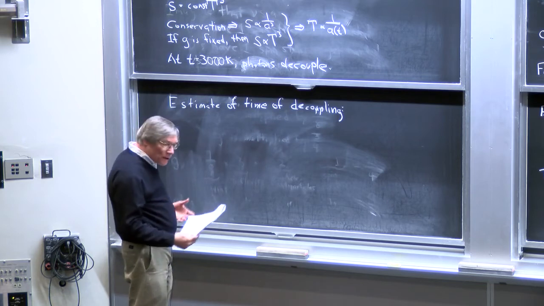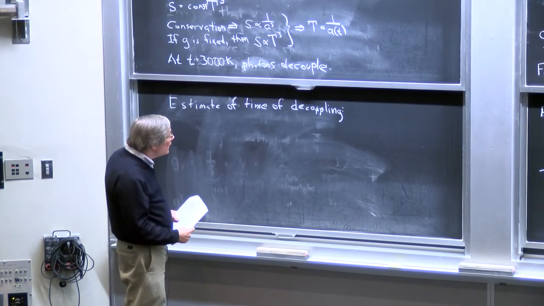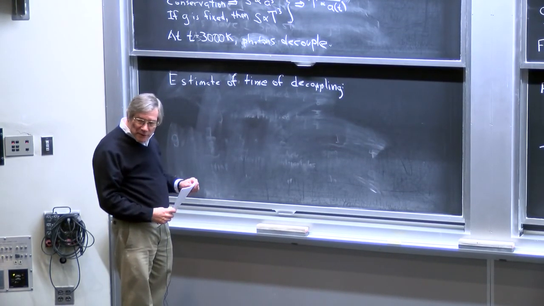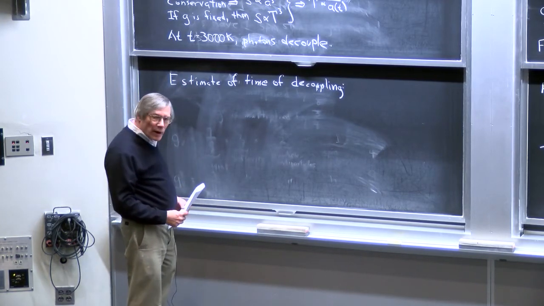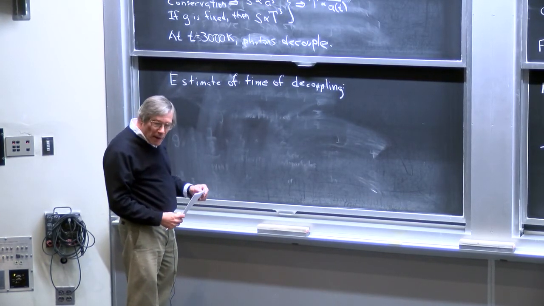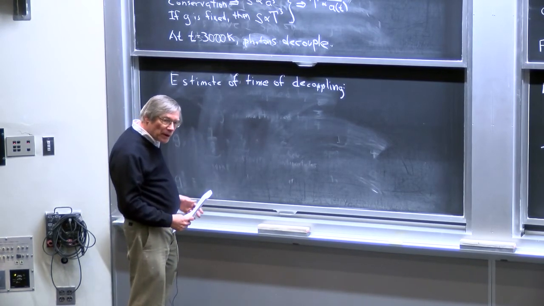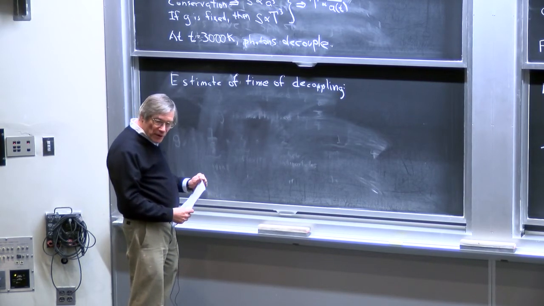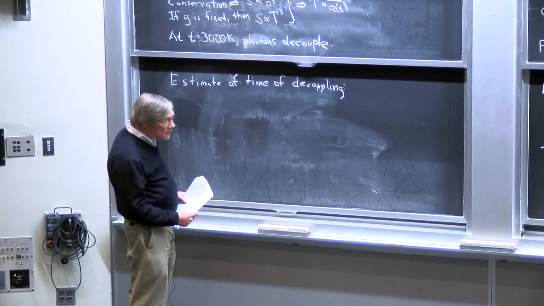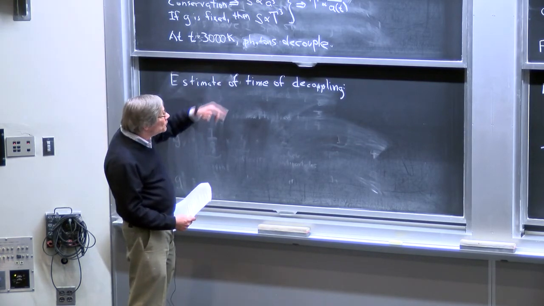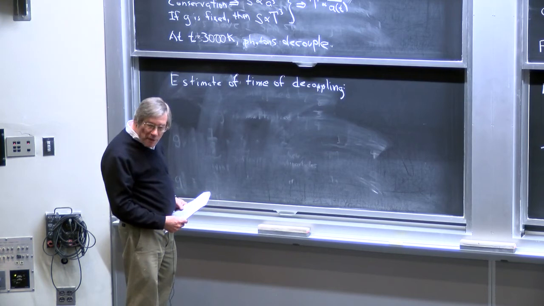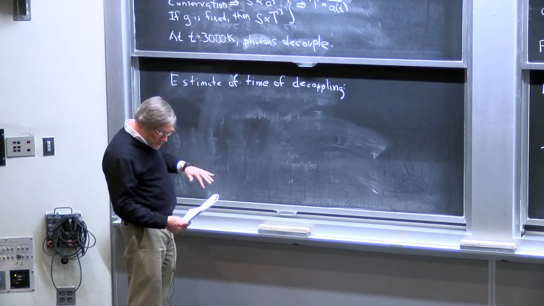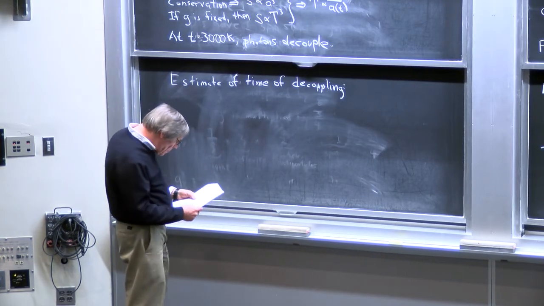Since we don't yet even know about dark energy, we're going to estimate the evolution of the universe between the time of decoupling and now as being entirely matter-dominated. The time of decoupling is long after the time of matter-radiation equality. So the universe is matter-dominated at the time of decoupling, and we're going to assume it's matter-dominated up to the present day. And that means that we know that the scale factor will evolve like t to the 2/3, and therefore the temperature will evolve like 1/t to the 2/3. And that will be enough to tell us how much time is needed to go from 3000 Kelvin to the present temperature of 2.7 Kelvin.